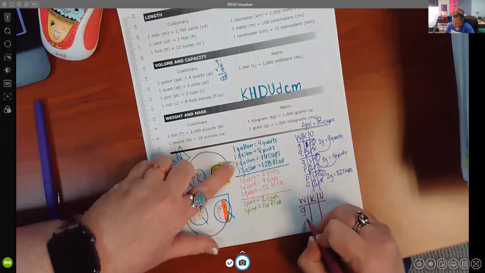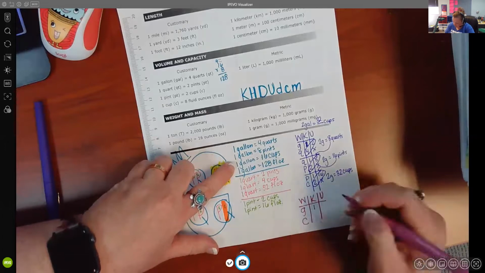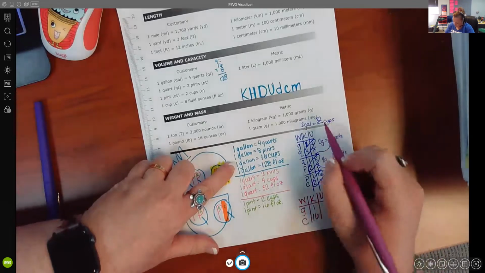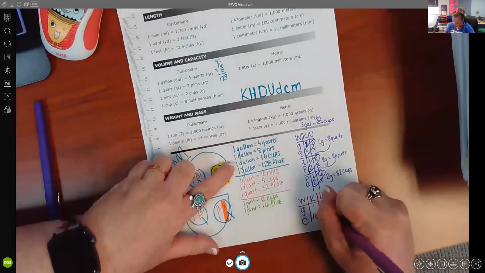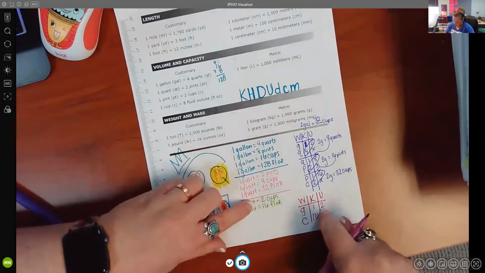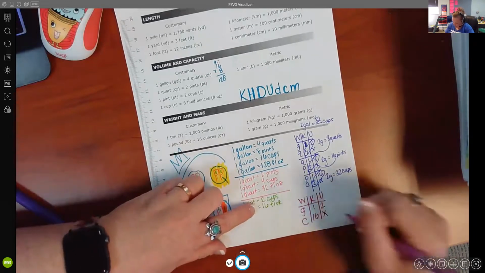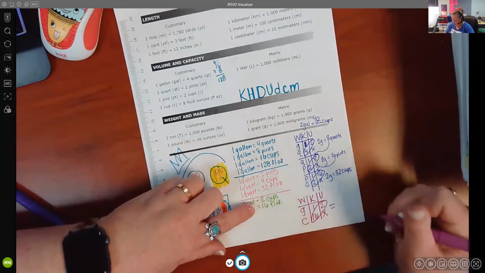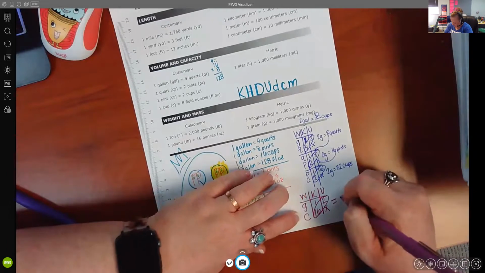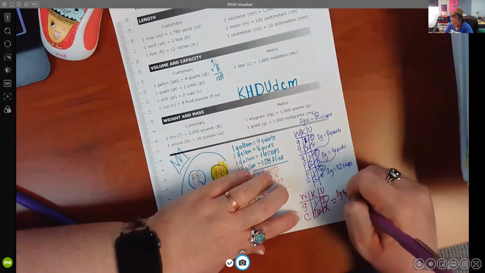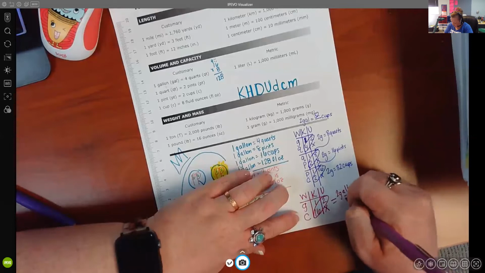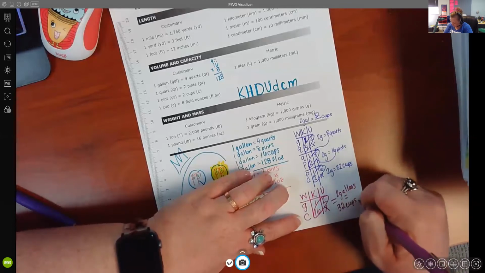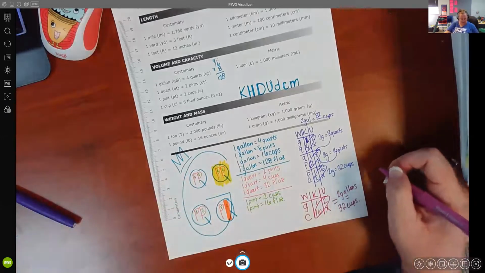So gallon to cups, 1 gallon equals 16 cups. We know that it's 2 gallons, so that's not unknown to us. This is our unknown, the cups. So now I can multiply that, and I get 2 gallons equals 32 cups. So there's 2 ways to get to that answer.